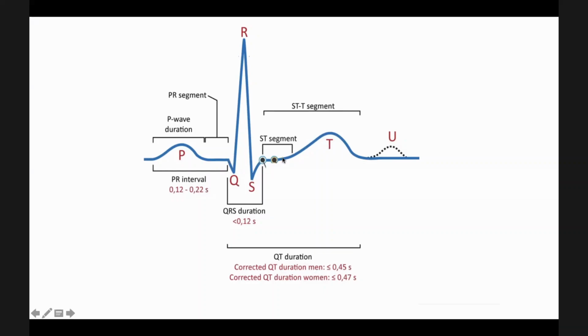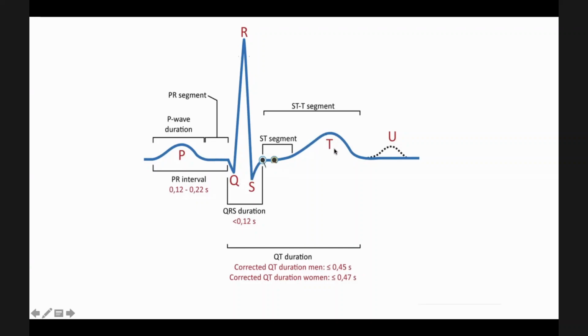The T wave is also important, and the U wave appears after the T wave, usually when there's hypokalemia. The Q is the first negative deflection, the R is the first positive deflection, and the S is the second negative deflection.